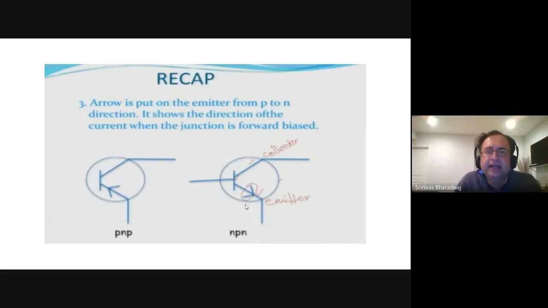On the other side, whatever additional small voltage you apply gets magnified and is seen on this side.